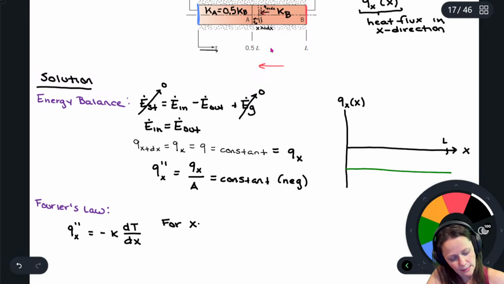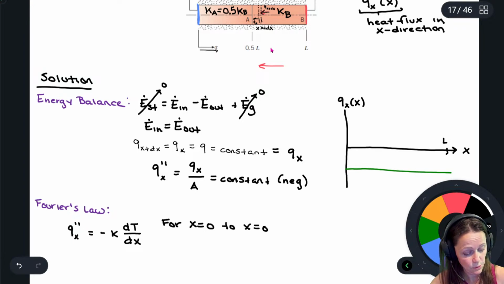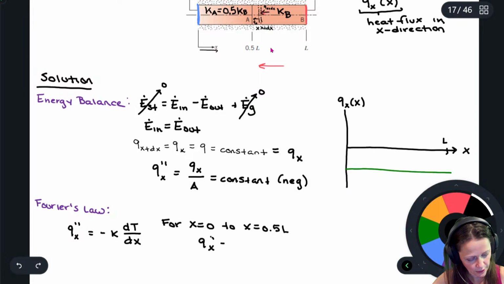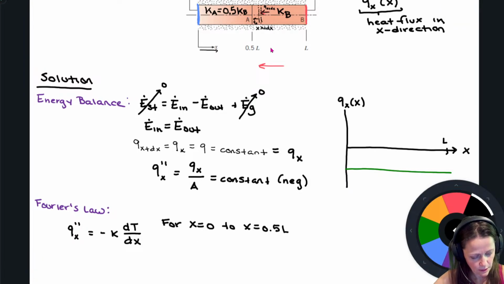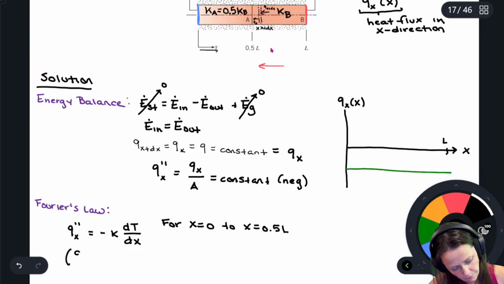So for x equals 0 to x equals 0.5 L, I'm going to rearrange it because I'm ultimately looking for this dT dx.